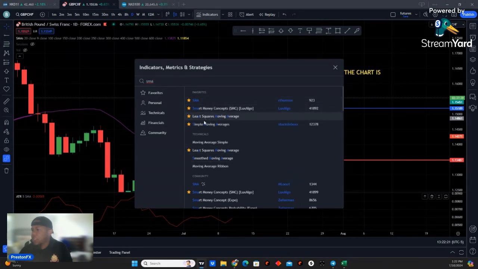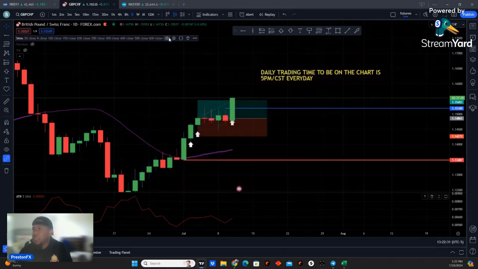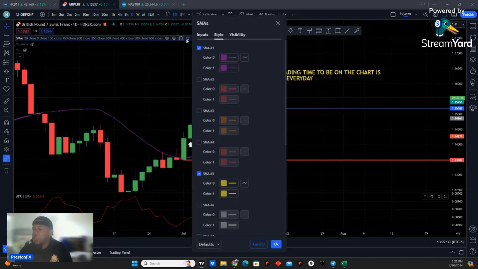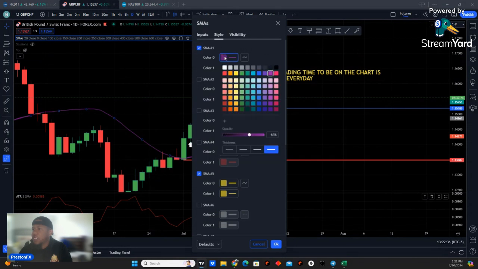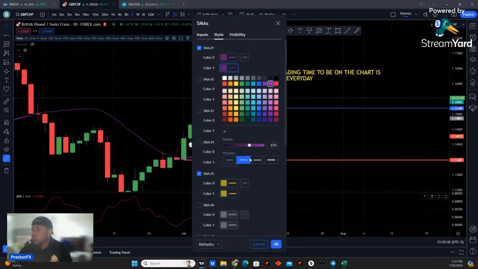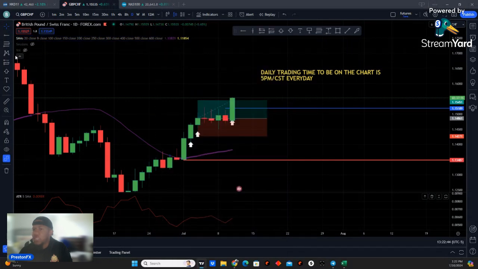It was simple moving average by Stocks and Box. Don't pick smart money concept. Simple moving averages by Stocks and Box. Click on that, go to the indicator up here, setup indicator. Just make this whatever color you want. The thickness, make sure you go to each one, do the same, and you're good to go.